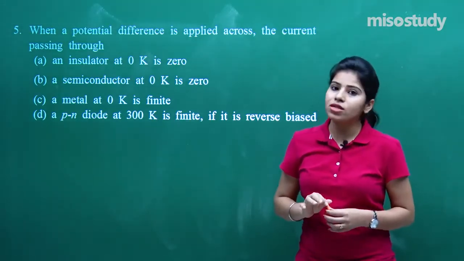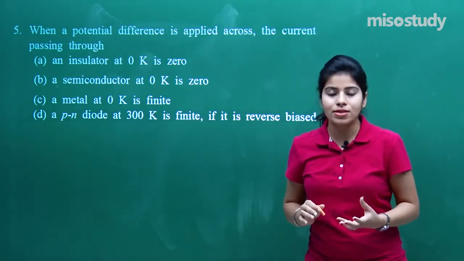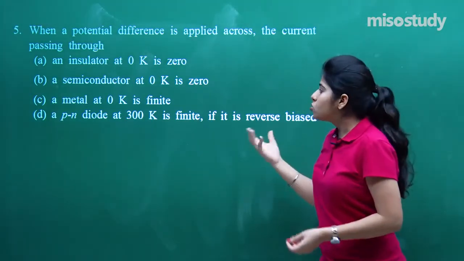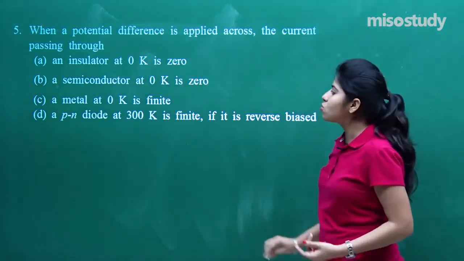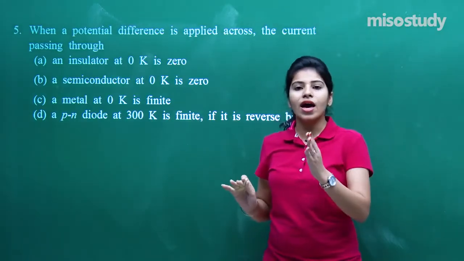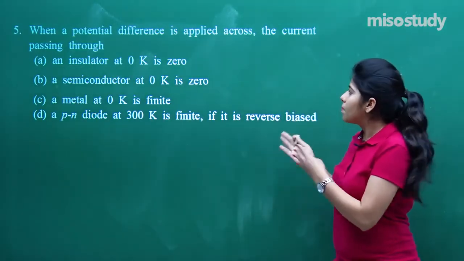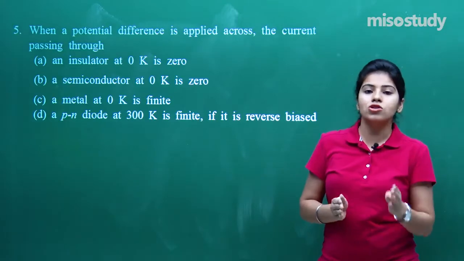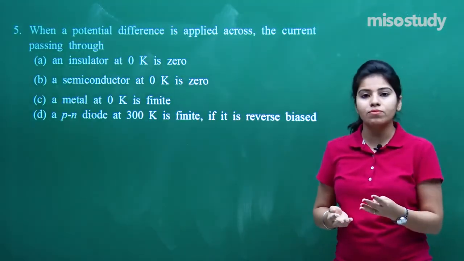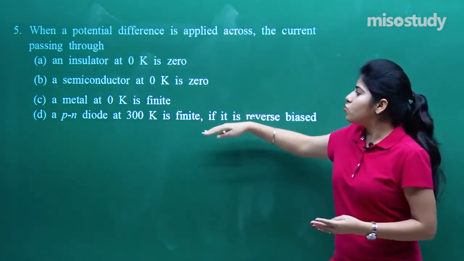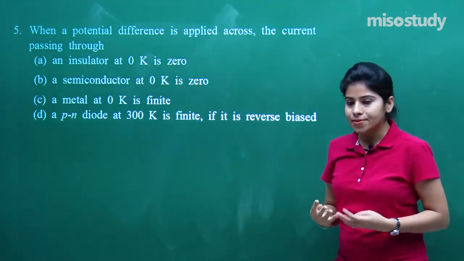Now let me tell you, this is a theoretical, conceptual question. We classified conductors, insulators and semiconductors in the very beginning of the chapter. What are these?